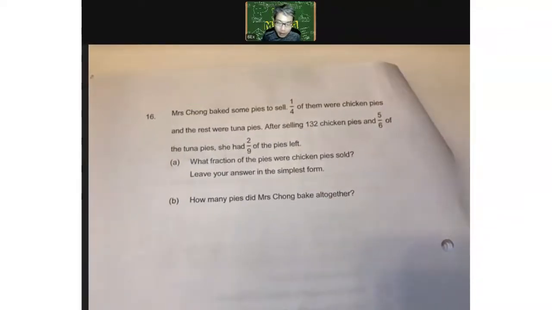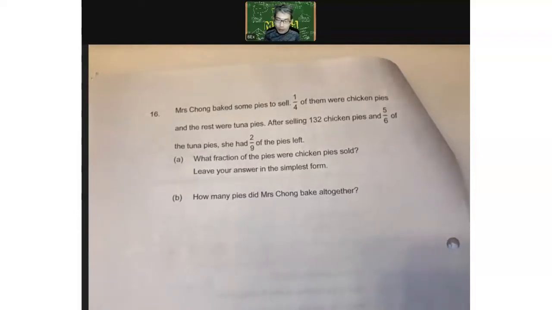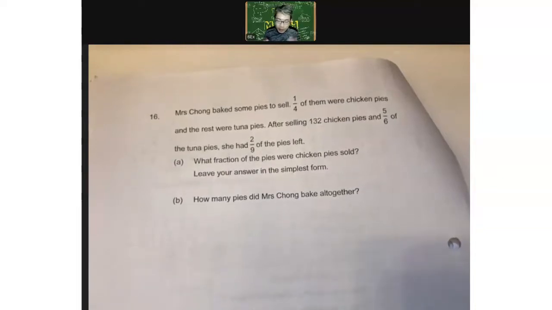Now, Mrs. Chong baked some pies to sell. 1/4 of them were chicken pies, the rest were tuna pies. After selling 132 chicken pies and 5/6 of the tuna pies, she had 2/9 of the pies left. So what fraction of the chicken pies were sold? I'll start off by looking at this.